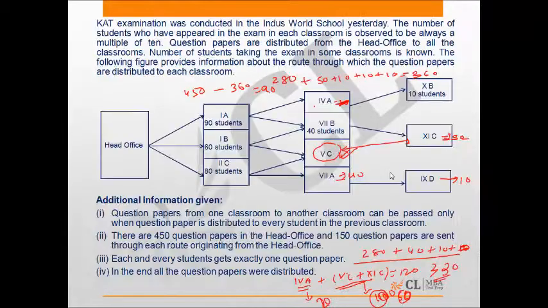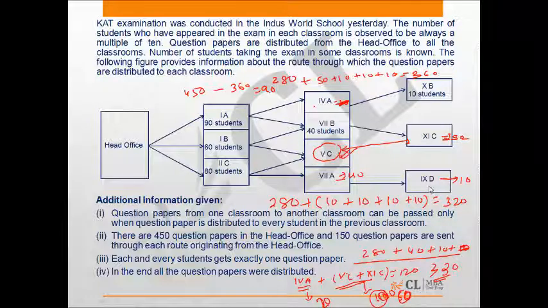To achieve this target, we need to minimize the number of students in all the other classes, which is 10 in 4th A, 10 in 7th A, 10 in 11th C, and 10 in 9th D, which comes out to be 320.